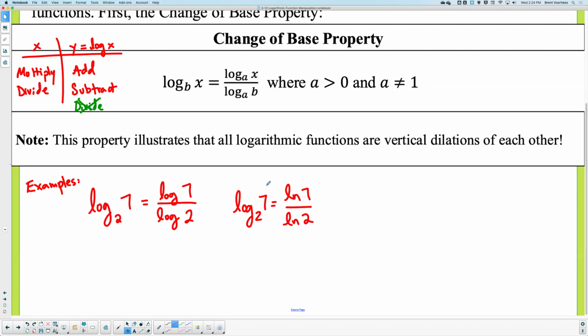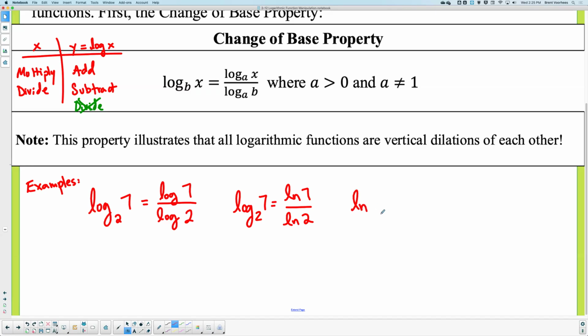Now, did I write the same two things here and here? No. What was the base this time? 10. What's the base here? E. Different base, but I'm telling you, mathematically, they are the same thing. So, does it matter what the base is? No.